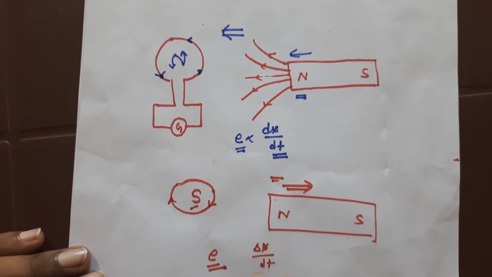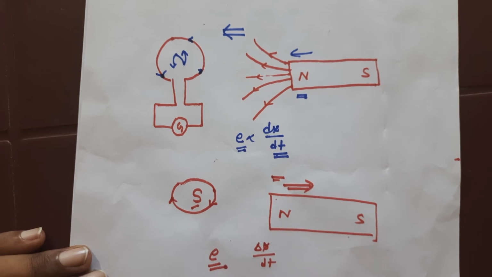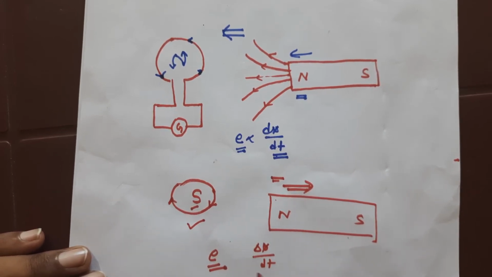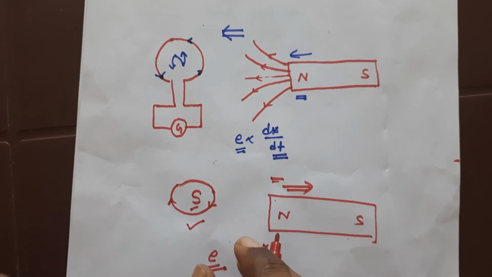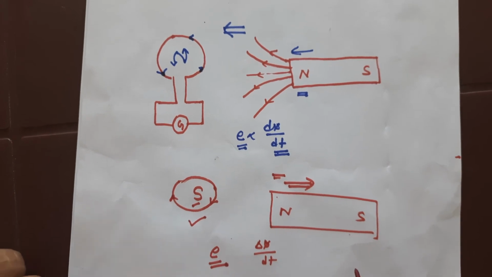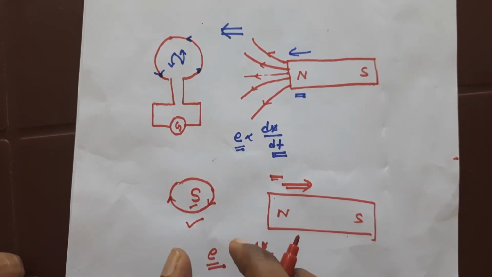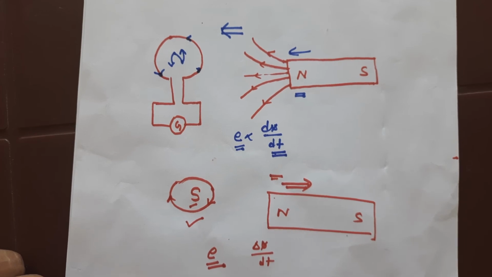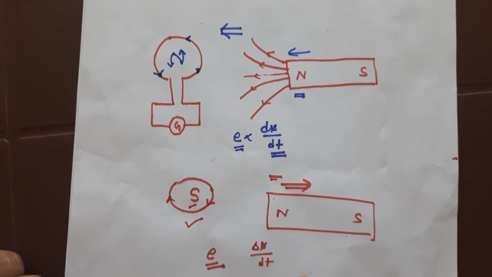The change in flux is occurring with more rapidity, and the induced current is induced over here. So this is not possible because energy is conserved. Here we are getting electrical energy at the cost of no energy consumption from our side. Energy cannot be created, it can only be converted from one form into another.